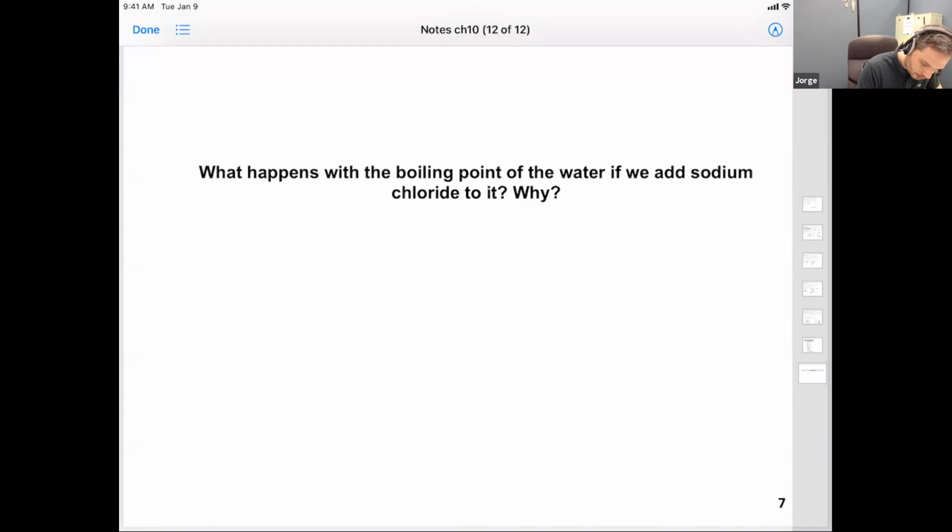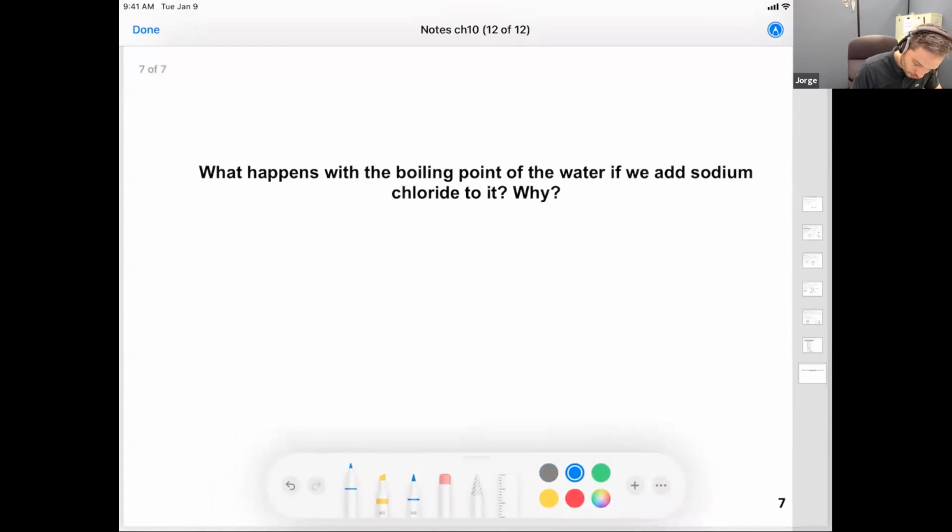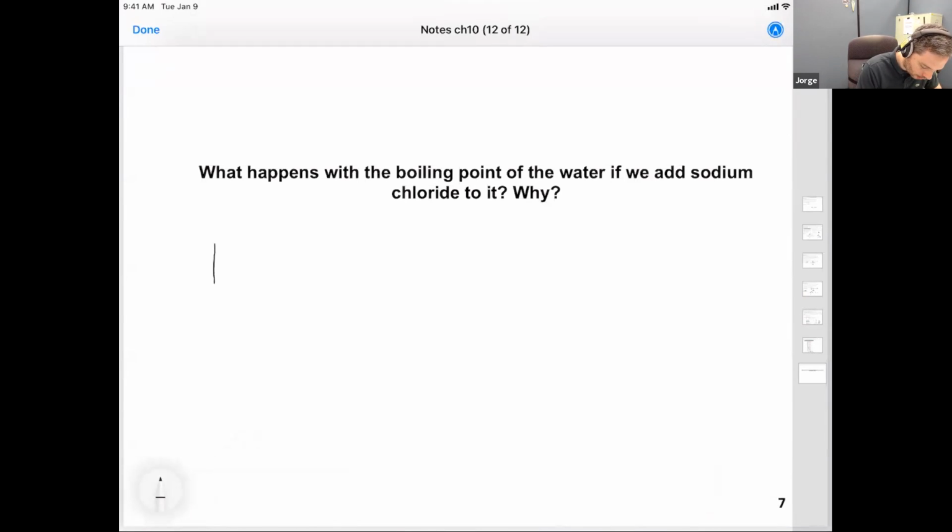Okay, so let's first try to visualize what happens when you are boiling a solvent, for example, water. If you have water here, that's of course an exaggeration of what happens, but you have water molecules very close to the surface.